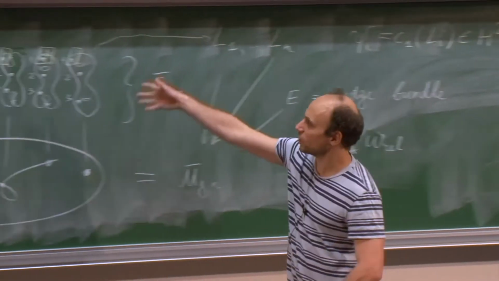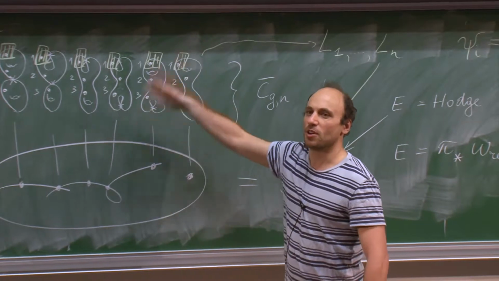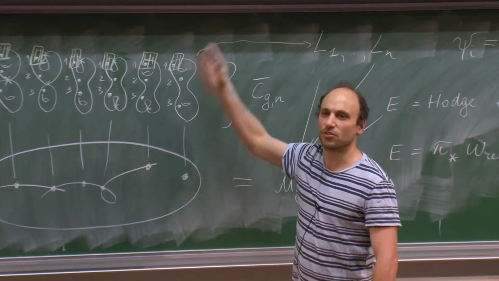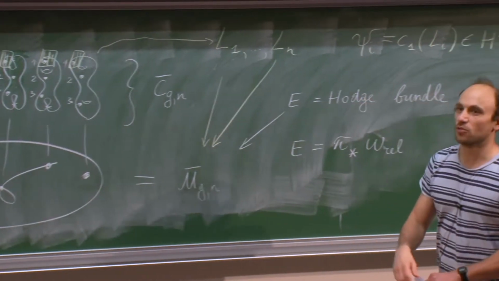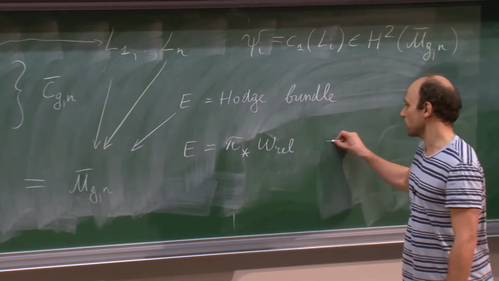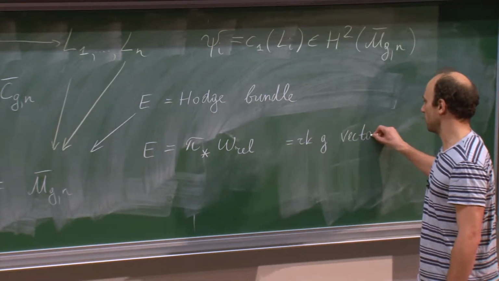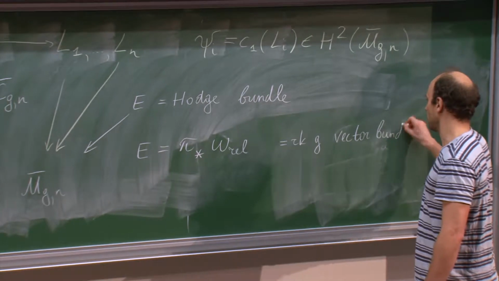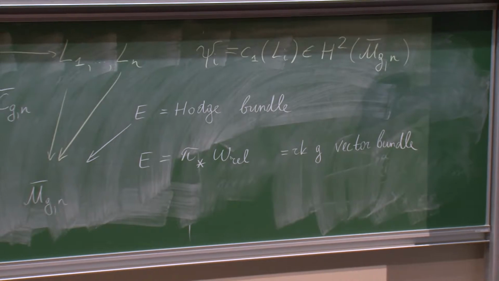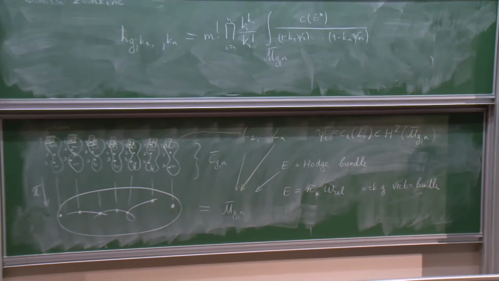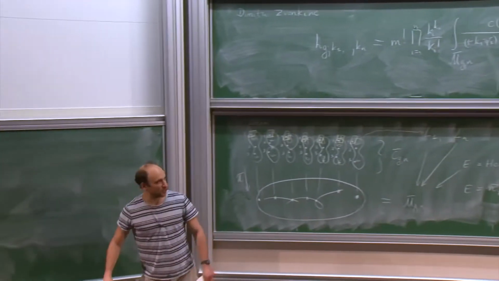If you take the cotangent line bundle to the fibers, the sections on each fiber are abelian differentials on this fiber. Over each point here you have a dimension g space of abelian differentials. So this is a rank g vector bundle, and in this formula you have its dual. This is well known since 2000.